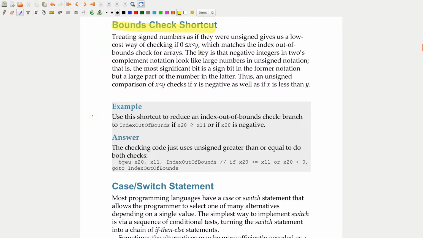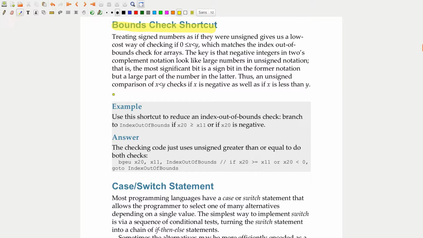Treating signed numbers as if they were unsigned gives us a low-cost way of checking if 0 is less than or equal to x, which is less than y, which matches the index out of bounds check for arrays. The key is that negative integers in 2's complement notation look like large numbers in unsigned notation.